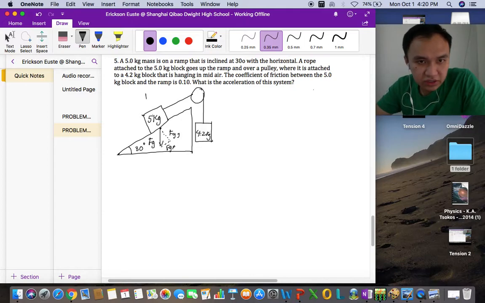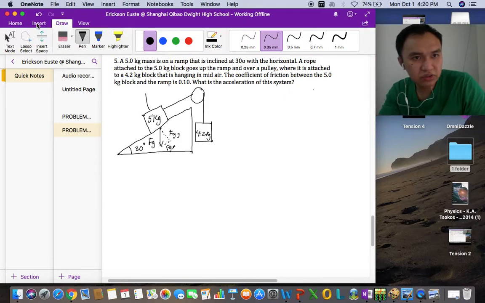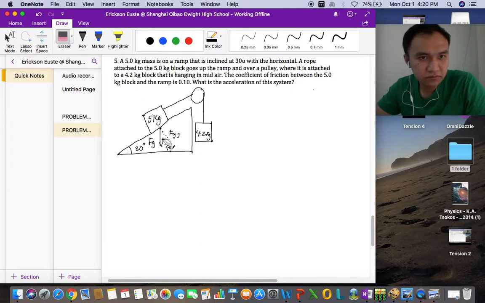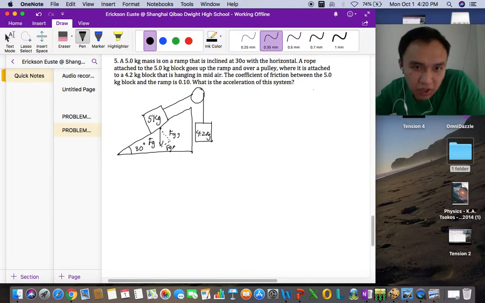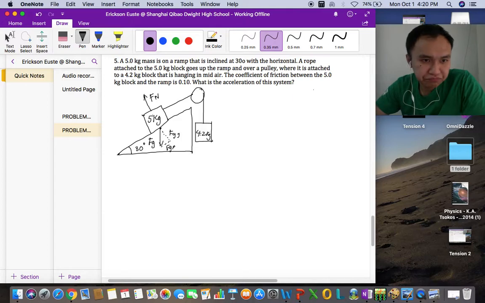This is the normal force, and this should be perpendicular to it. So let's just erase this. For as long as you know that this is a straight line, normal force. So there you go.